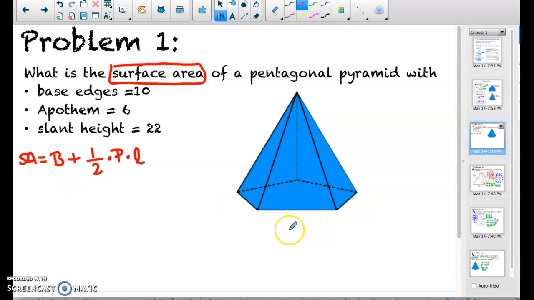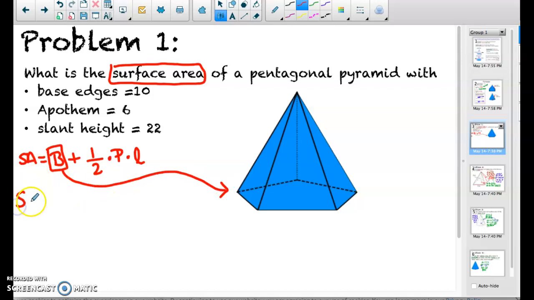This is a regular pentagon, so we need to refresh our memory on how to find the area of a regular pentagon. So I'm going to rewrite this formula, but instead of writing this capital B right here, I'm going to replace it with the formula for that pentagon.